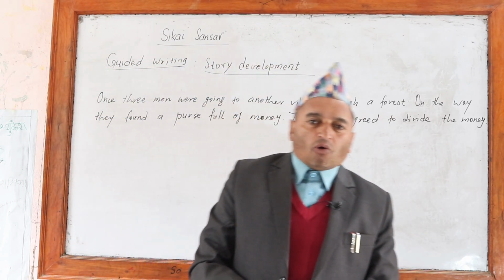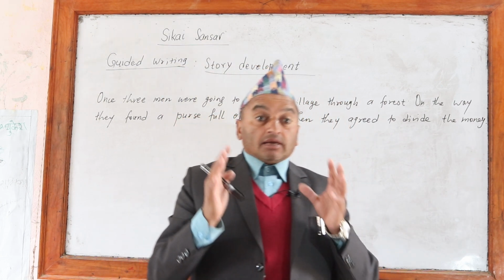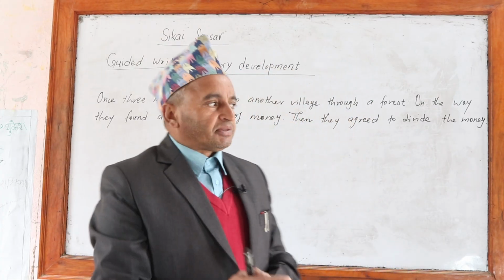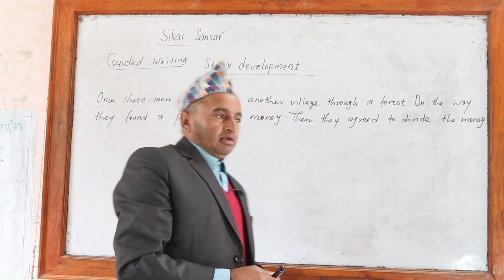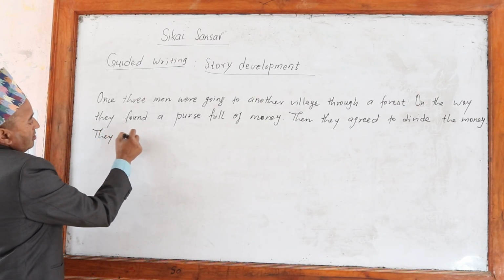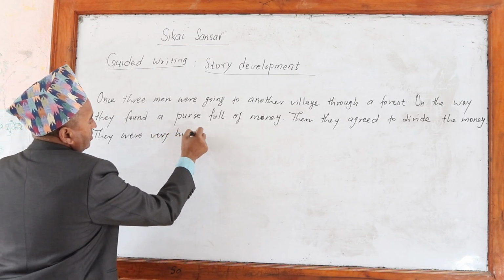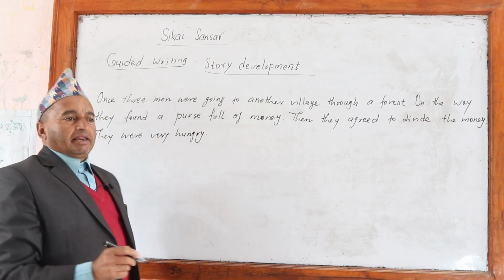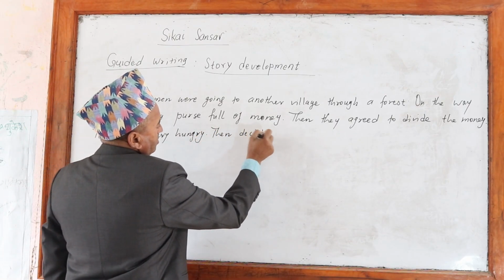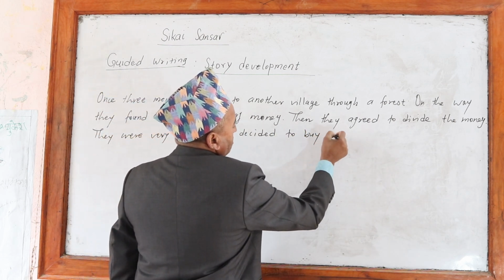They had been walking for a long time, and they were hungry as well, and they sat on the floor and discussed what to do. We are very hungry, so let's buy some food. And then out of them, one was sent to buy food. They were very hungry. Then they decided to buy some food.